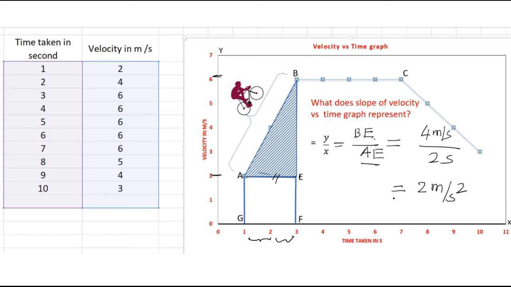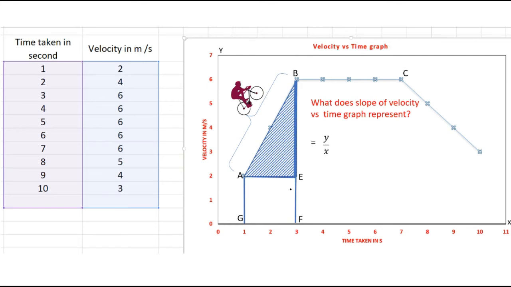So that is a proof for the meaning of slope, that is y by x, of velocity time graph is an acceleration. Okay, so y by x is nothing but an acceleration.